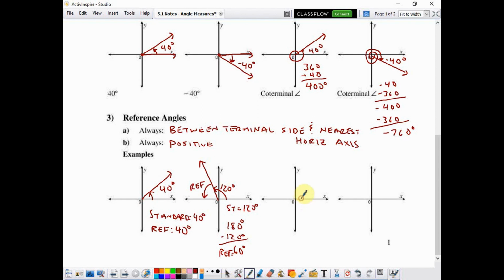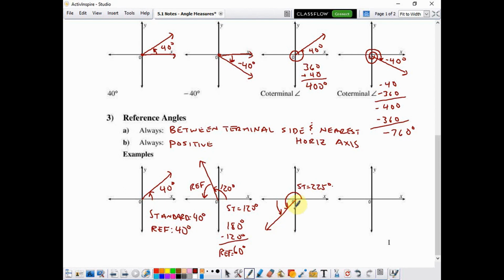Let's make a standard angle of 225 degrees. So that's going to be out here in the third quadrant. So there's my standard angle. My reference angle is this right here. How many degrees is it from the nearest horizontal axis to that terminal side?